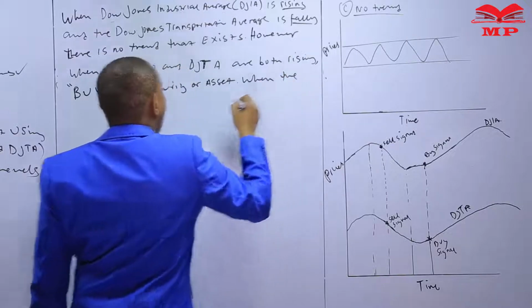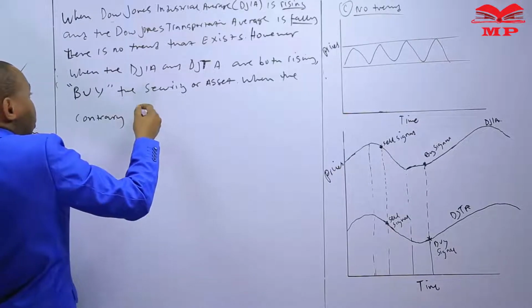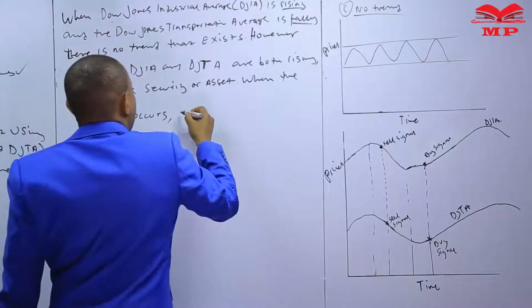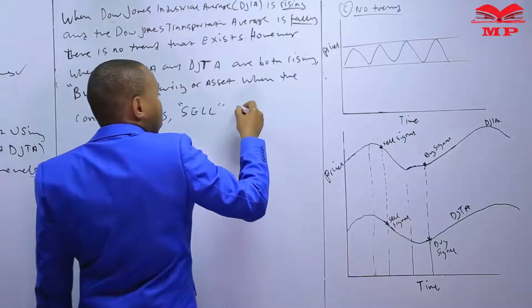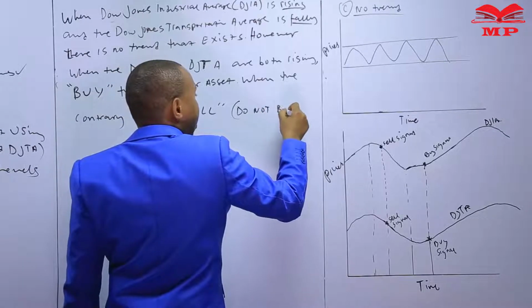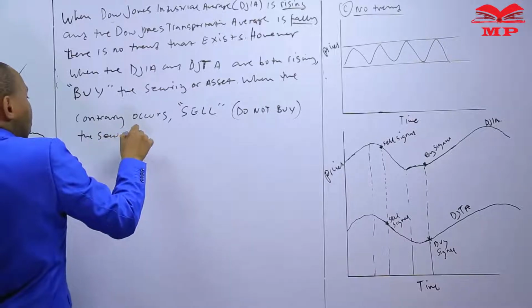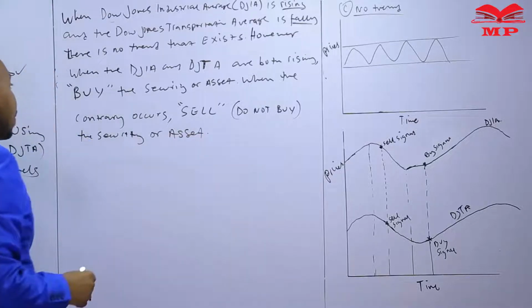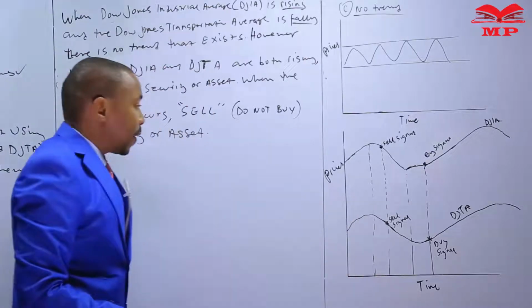When the contrary occurs, sell, in brackets, do not buy the security or asset. There. This is just a simple summary of this diagram over here.